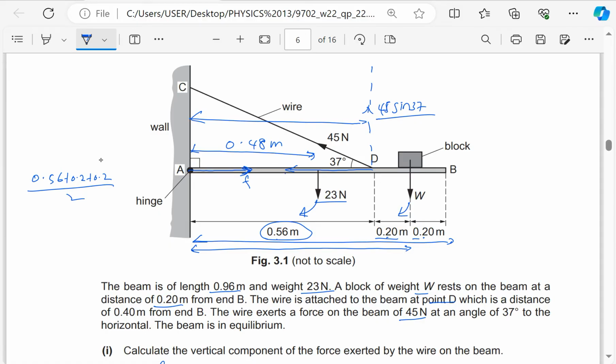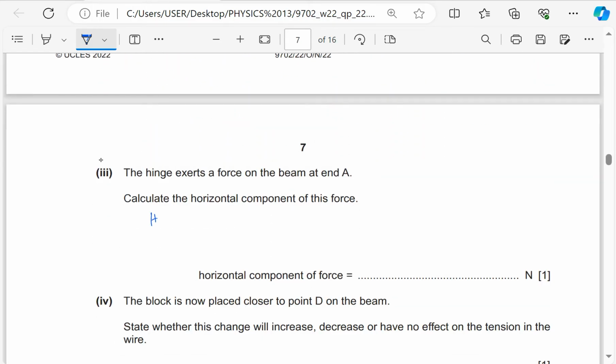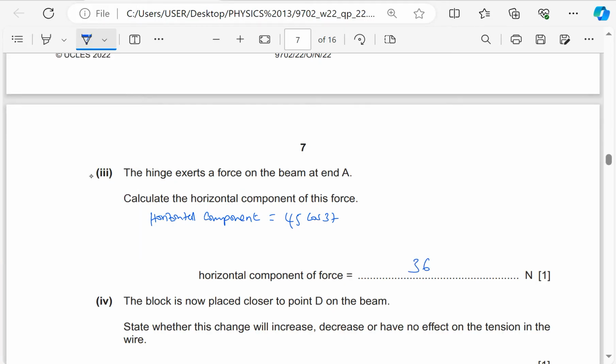The horizontal component here is 45 cos of 37. So that force is the horizontal component. So 45 cos 37 is 35.9, approximately 36 newtons.